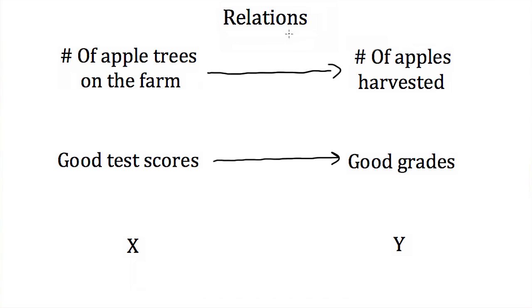Now typically, when we have a relationship in mathematics, we take this number of apple trees and these number of apples, or our test scores and our grades, and we represent them with two variables, and typically we use x and y. X usually corresponds with a y value, or y depends on our value of x.